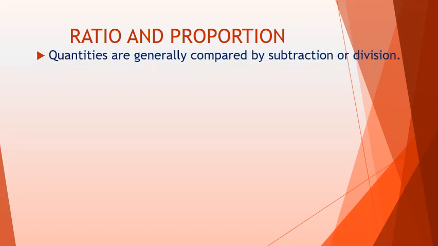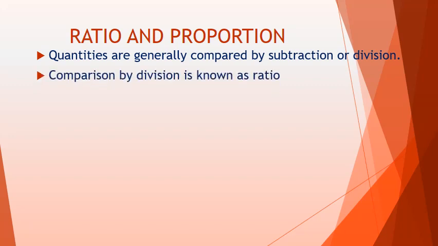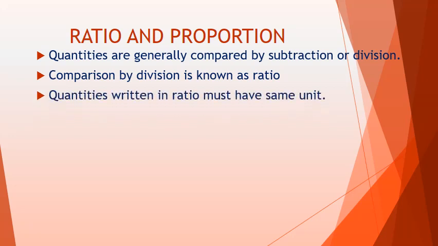Quantities are generally compared by subtraction or division. Comparison by division is known as ratio. Quantities written in ratio must have the same unit. So children, be careful while comparing with division.